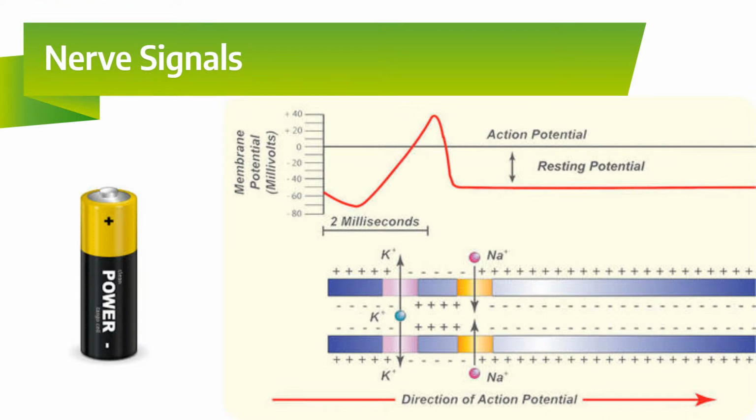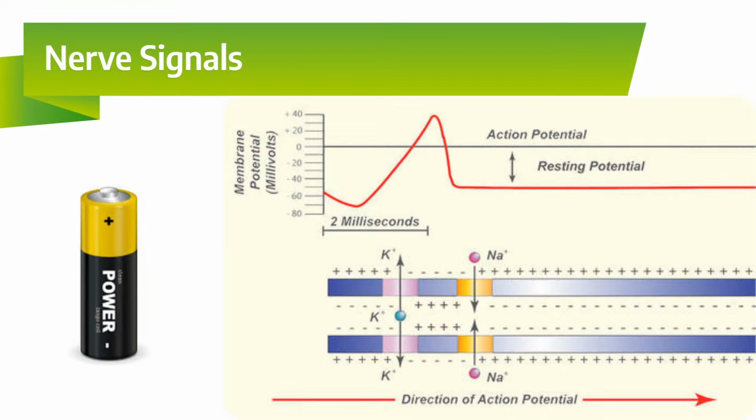And this is very similar to how nerves work. But nerves are also a little bit different. If you think about electricity, electricity is electrons moving because of this potential difference. In nerve cells, what is actually moving is not electrons.